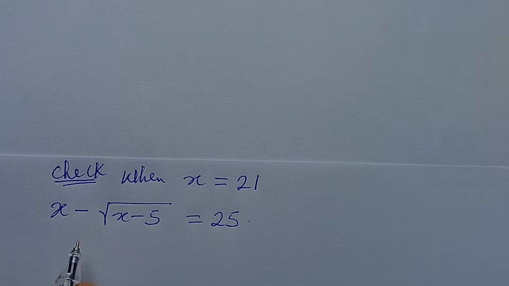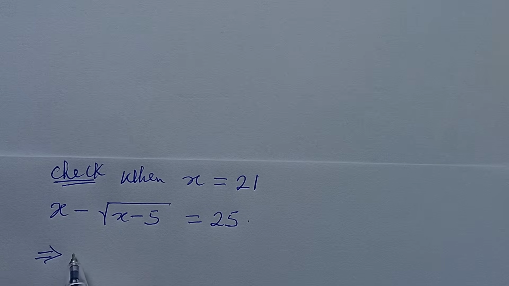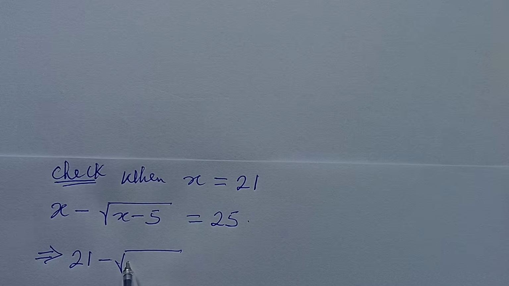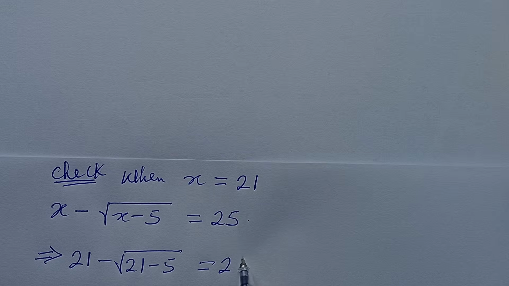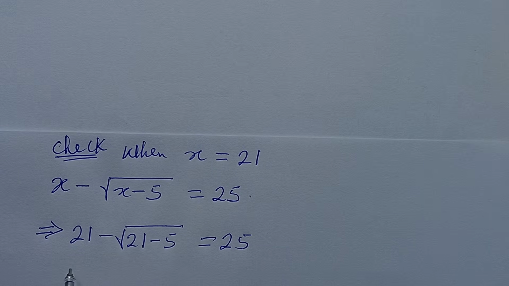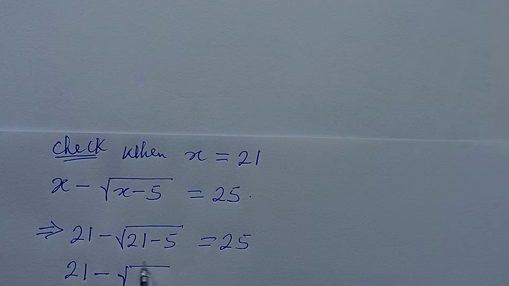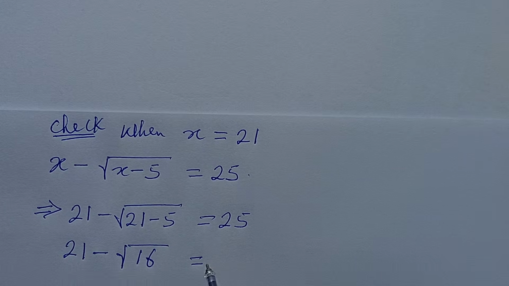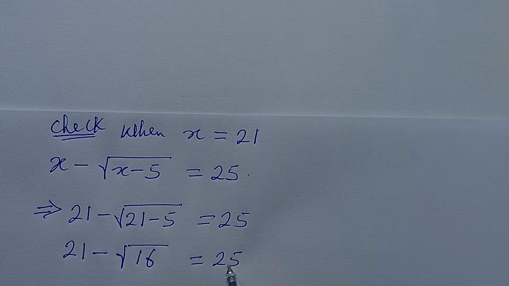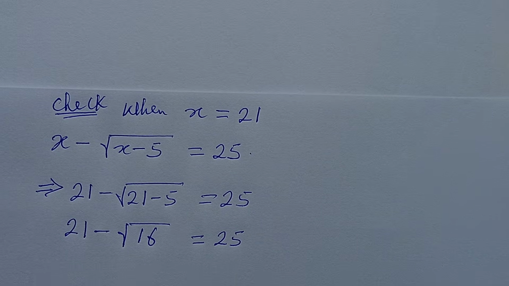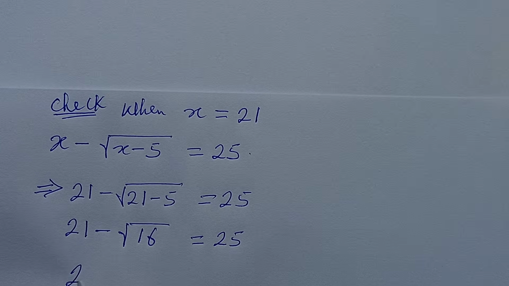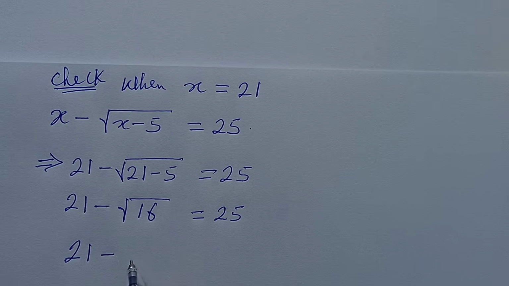So this implies that 21 minus the square root of 21 minus 5 equals 25. From here, 21 minus 5 gives us 16, and this should equal 25. Now the square root of 16 will give us 4, so we have 21 minus 4.